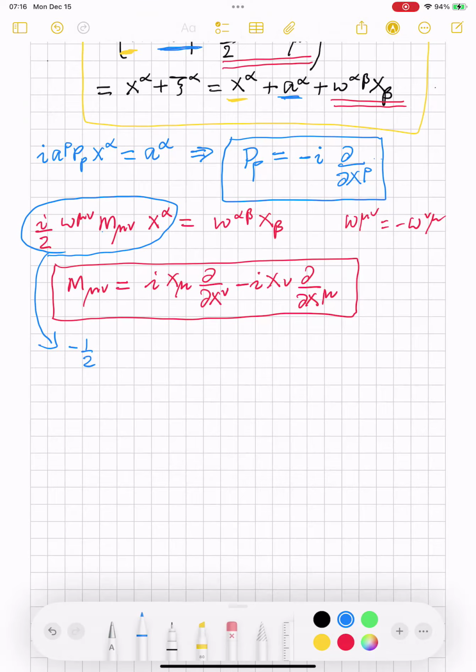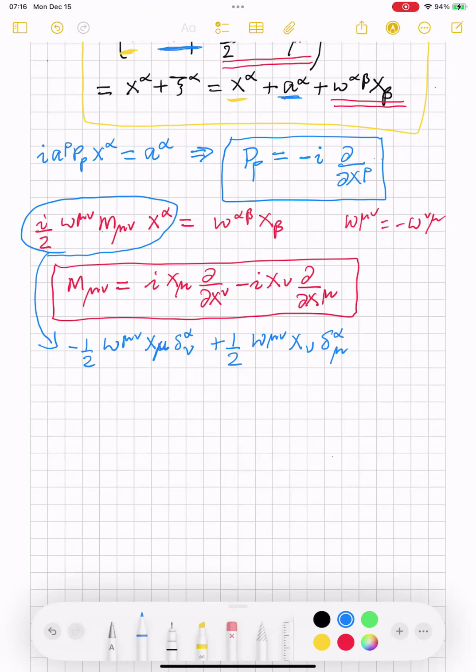Then we've got an omega mu nu, an x mu, and the d by dx nu acting on the x alpha gives me a delta alpha nu. Then the minus i times the i will give me a plus, so I'll have plus 1 over 2, again my omega mu nu, now an x nu, and the d by dx mu acting on the x alpha gives me a delta alpha mu.